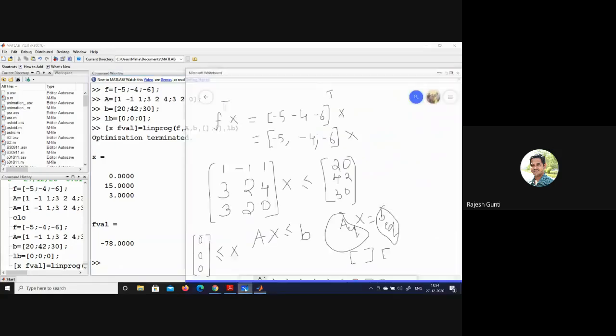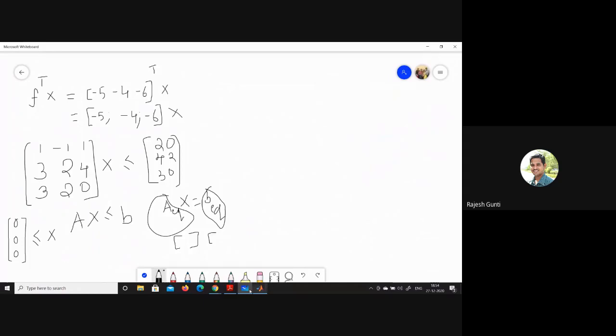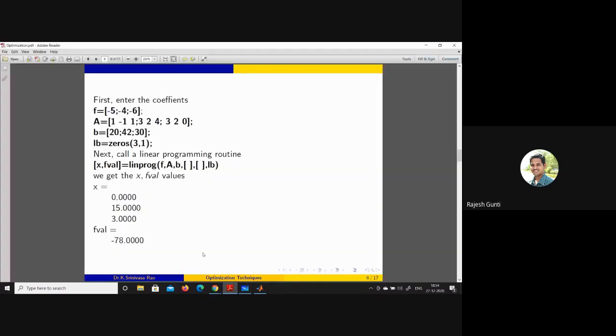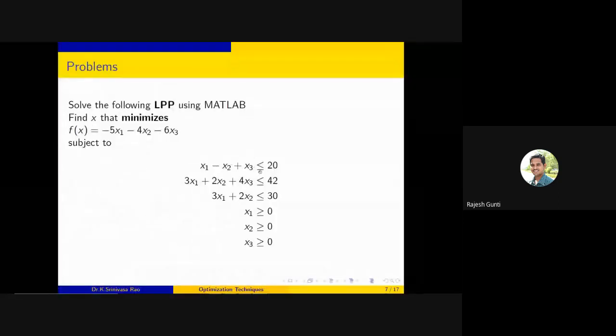If you observe this problem, here this value is greater than or equal to 0, so these values also we can write as less than or equal to 0. Am I correct or not? Minus x1 less than or equal to 0, minus x2 less than or equal to 0, minus x3 less than or equal to 0.